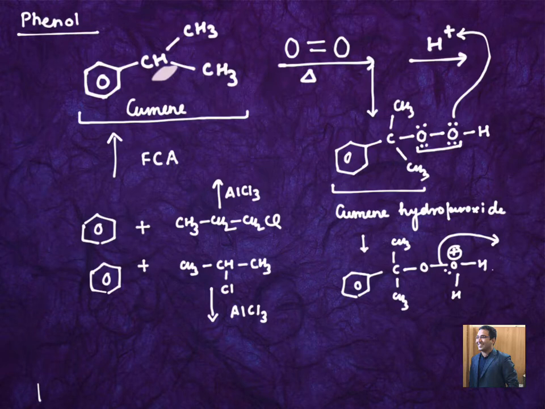We have the option to migrate CH3, that's 1. The other option is we have Ph.